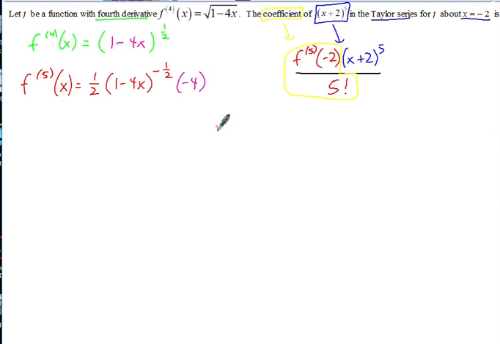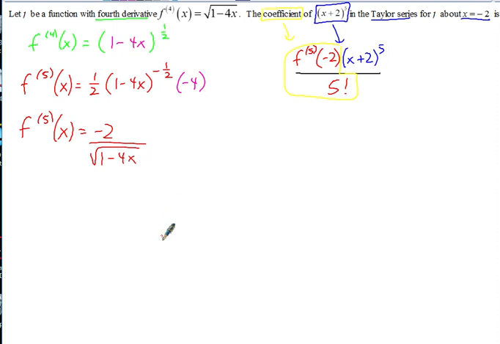So times negative 4. And then let's simplify this first. Negative 4 times 1/2, that's negative 2. And then if we move this to the denominator, because it has a negative exponent, and put it in radical form, we get negative 2 over the square root of 1 minus 4x.